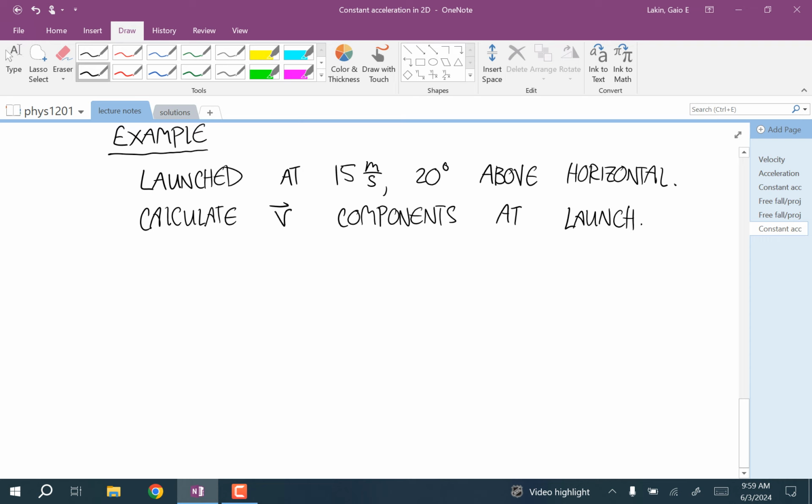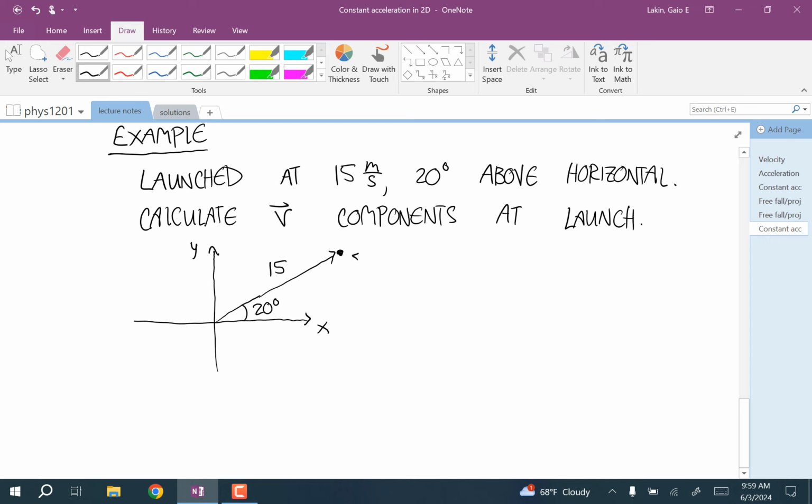Well, in order to do this, draw your coordinate system. Draw that velocity vector. We know that it's 20 degrees above horizontal, and it has a magnitude of 15. And then calculate the coordinates of this point.